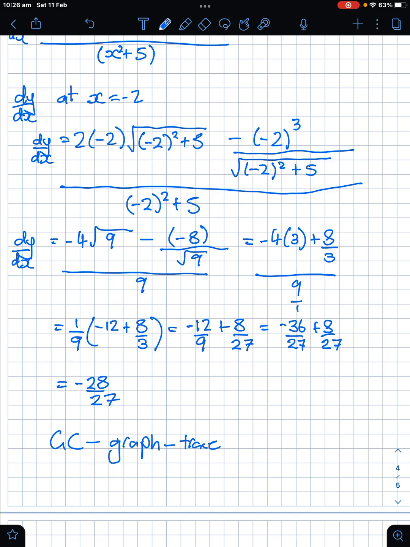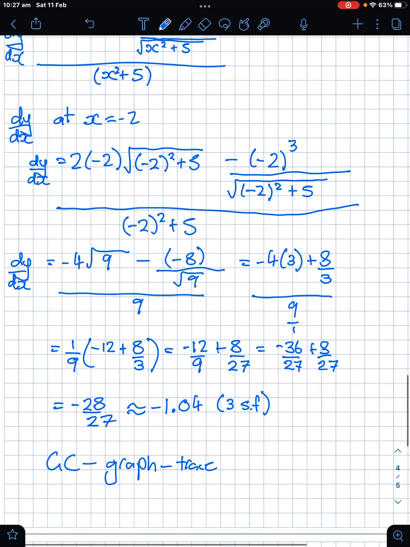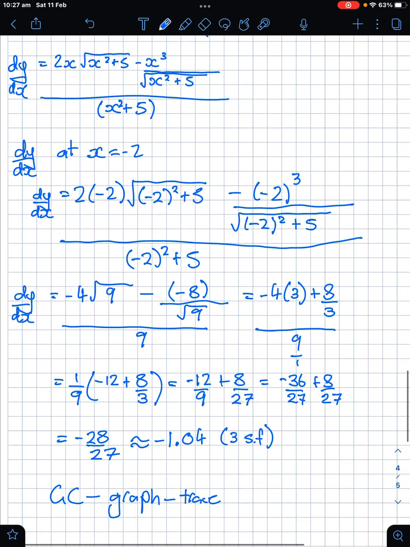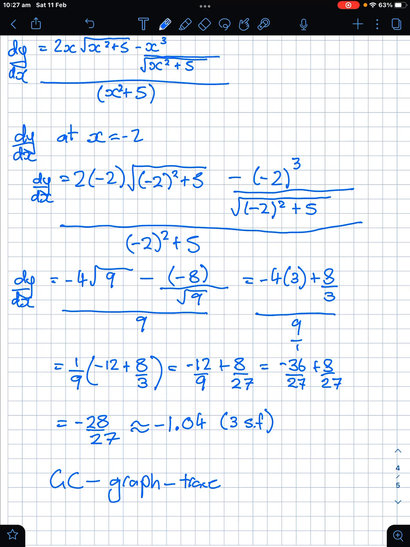You might need to calculate negative 28 divided by 27, which I don't know off the top of my head, is approximately negative 1.04 to 3 significant figures. That's actually important. I would need to double check that, but I've just done that algebraically without any resources, so I'm going to pause there. Thanks, guys.